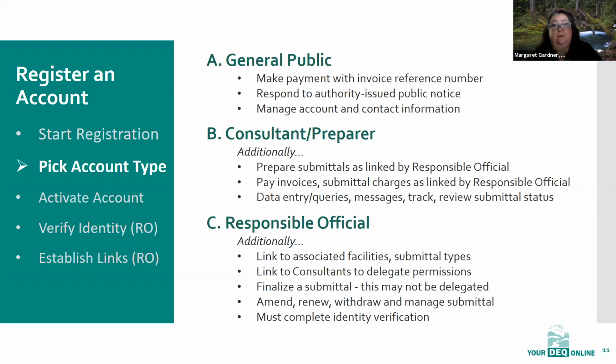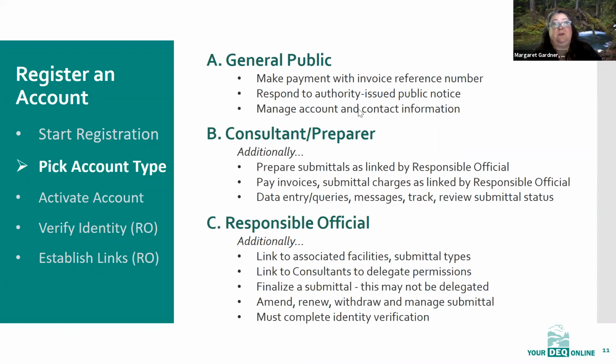So we've gone ahead and gotten some input from you all. The general public, this is those tiers of membership. The general public can make a payment with an invoice reference number, and that reference number is really important because it needs to tie to the facility that owes that payment, right?